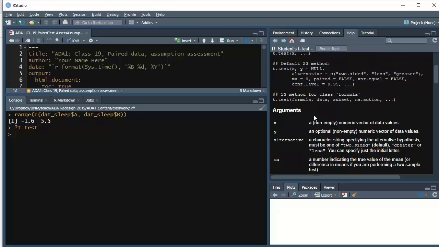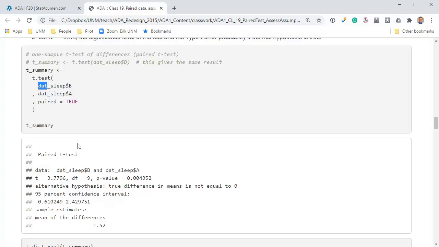And that means that when you specify the x values and the y values, you should take those numbers, pair them together, and take the difference. Okay, so I specified B first and then A second, so it's going to take B minus A for each of that.